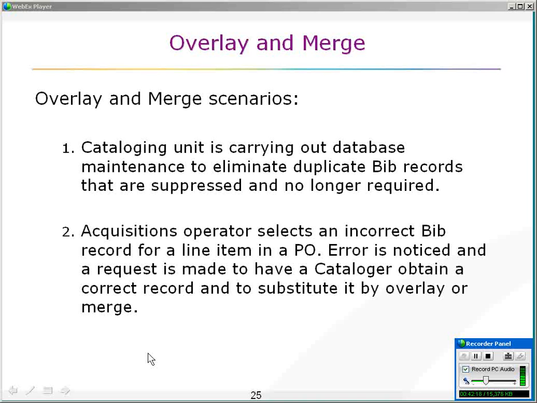These bib records have been identified by means of a query, maybe using Access or Analyzer, in order to get hold of that information. Another possibility is that an acquisitions operator inadvertently selects an incorrect bib record for a line item that's being added to a purchase order.